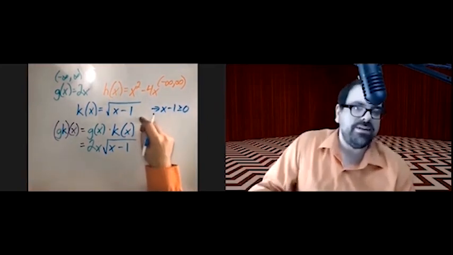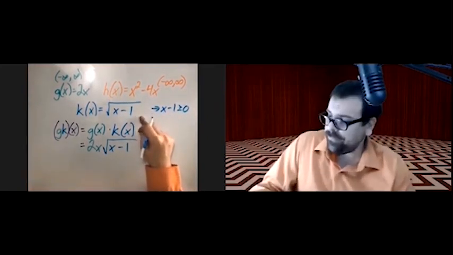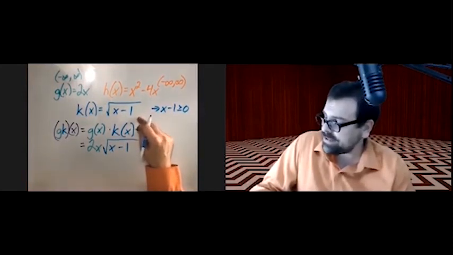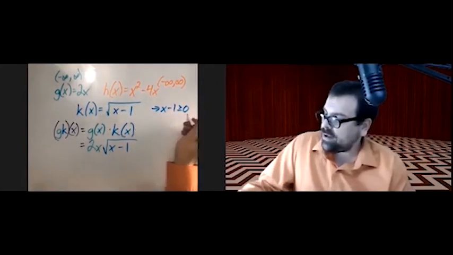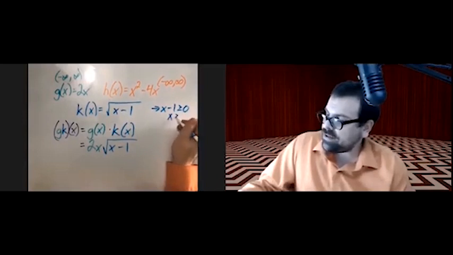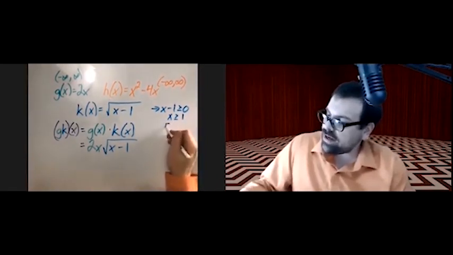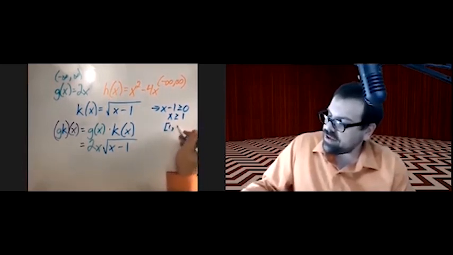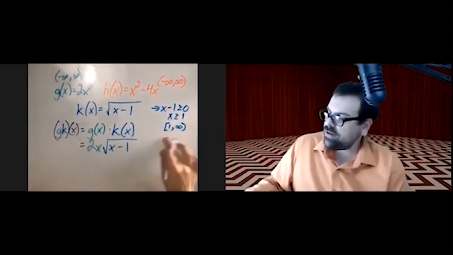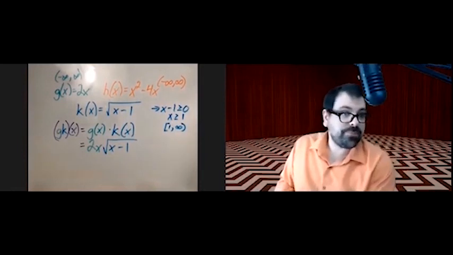Remember, we can't have negatives under the square root, and still be in the real numbers. If I add 1 to both sides, x greater than or equal to positive 1, and in interval notation, that would be square bracket at 1 to infinity.